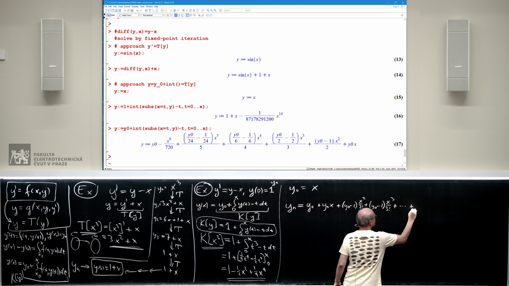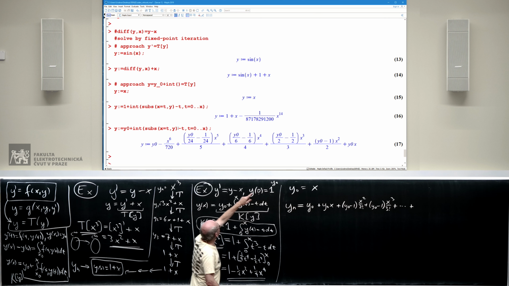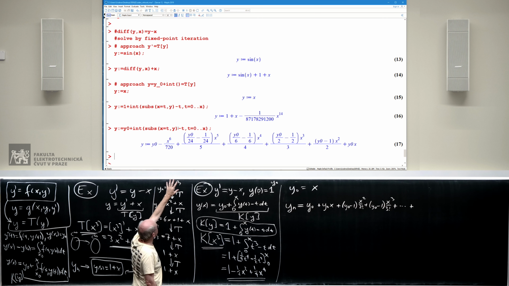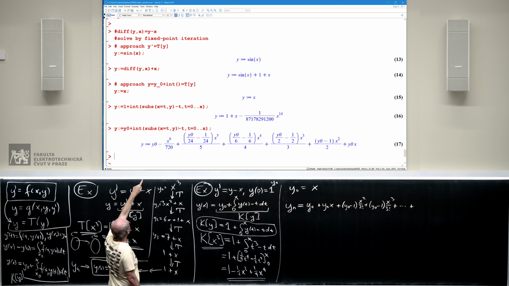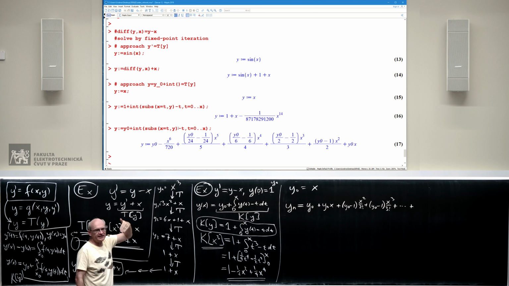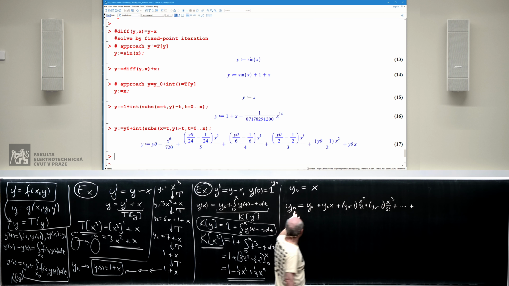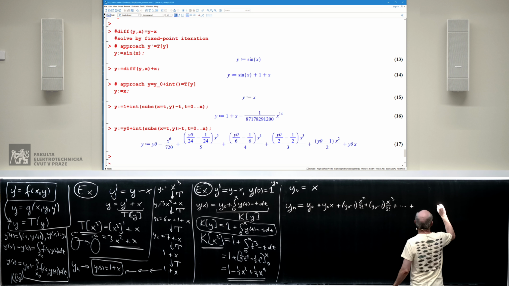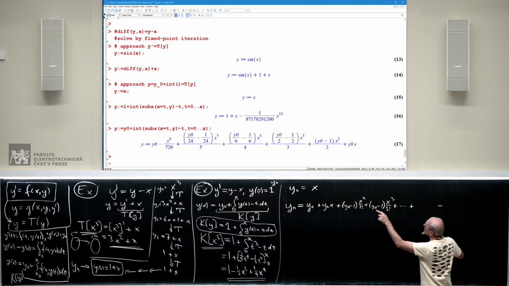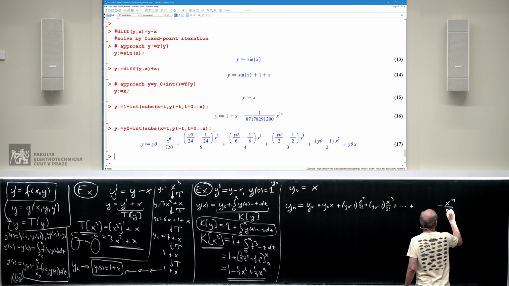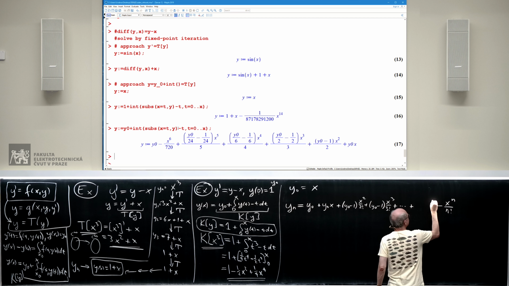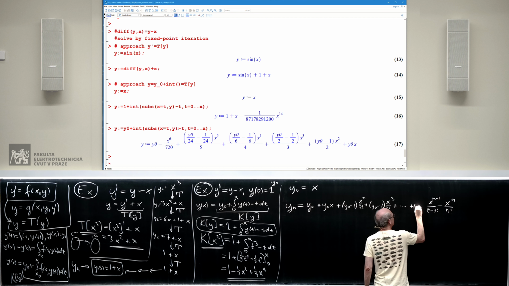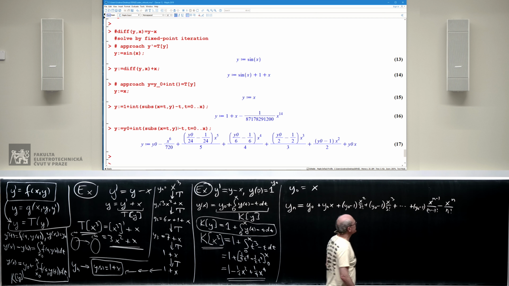And we keep going. This pattern continues until we hit a specific power, and the next power is different, and it's the same power as the index of the iteration, if I counted it right. So at the end, it's subtracted, and it's x to the power n divided by n factorial. So the last guy has x to n minus 1 over n minus 1 factorial, and there is this y naught minus 1. This should be it.